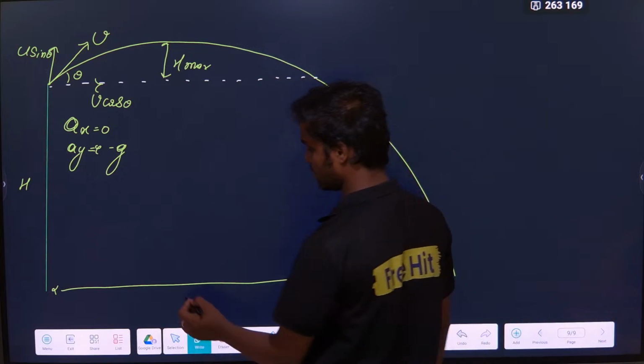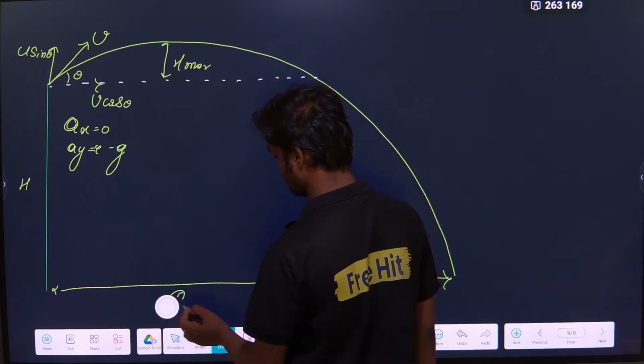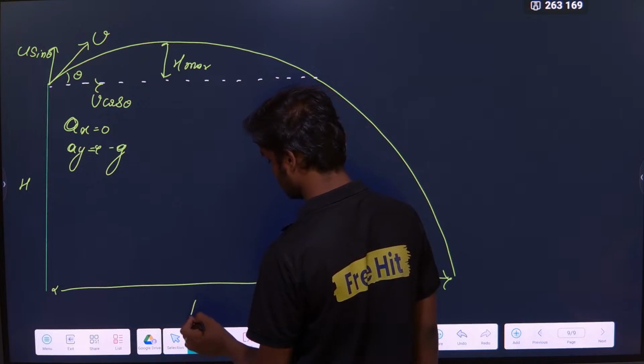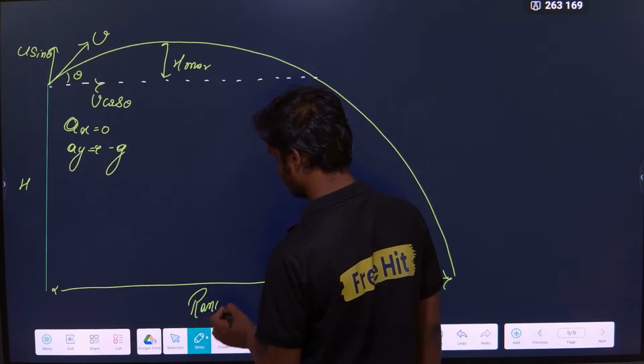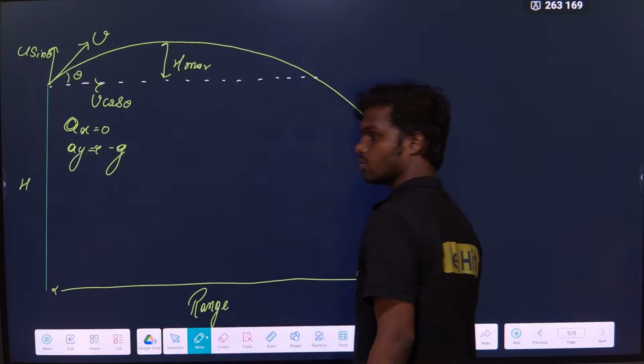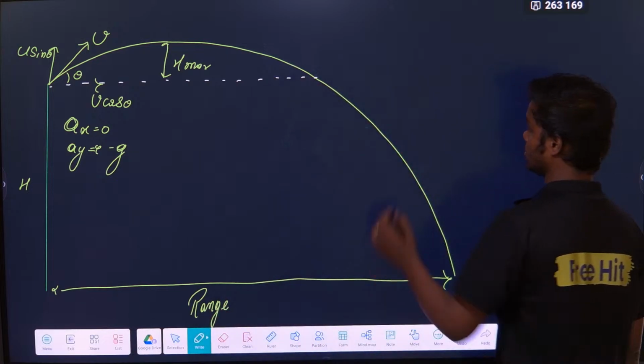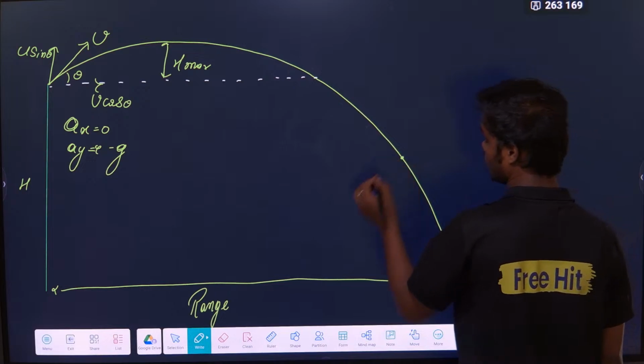Okay, that is defined as the range. Let us talk about this point.